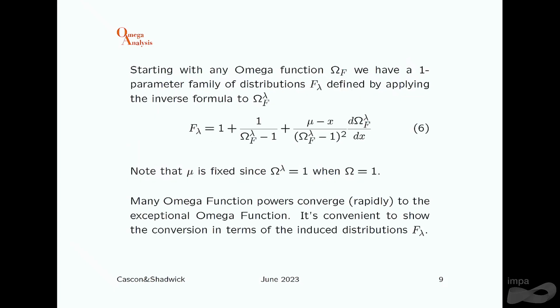Yeah, this is the magic formula for the inverse, and it has the mean right here. So if we take powers of omega, the mean is the place where omega equals 1, so it's also the place where omega to any power is equal to 1.